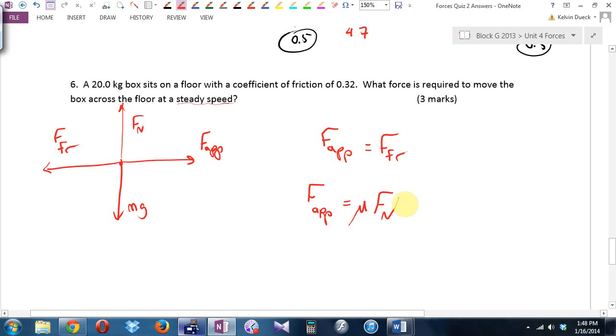Except I don't know the normal force. Oh, but look. I know the force that is the same size as the normal force. What? Mg. It's going to be 0.32 times 20 times 9.8.